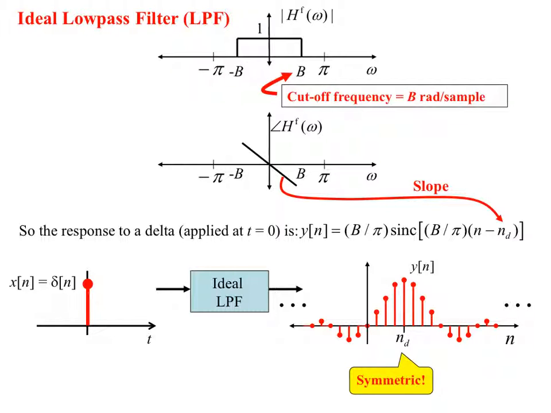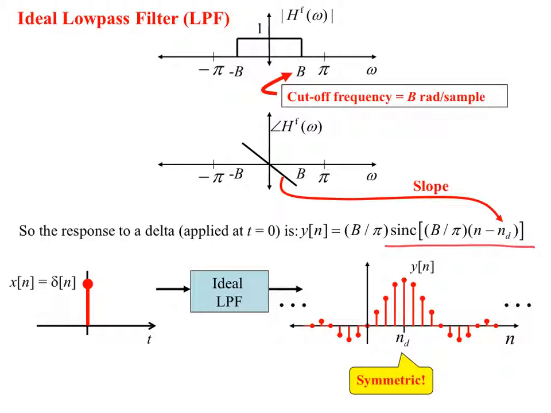As we've seen before, we can find the impulse response of this ideal low-pass filter, and it turns out to be, if we put a delta function in, a sinc function that looks like this out.